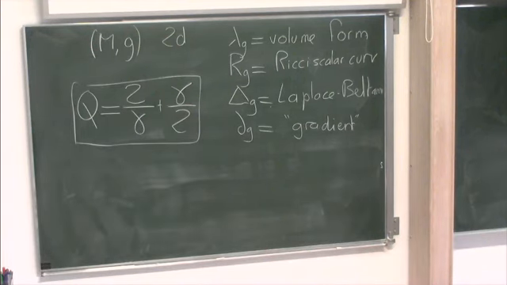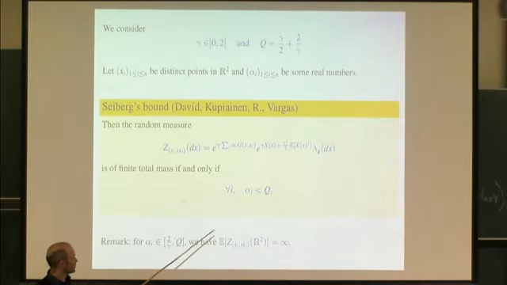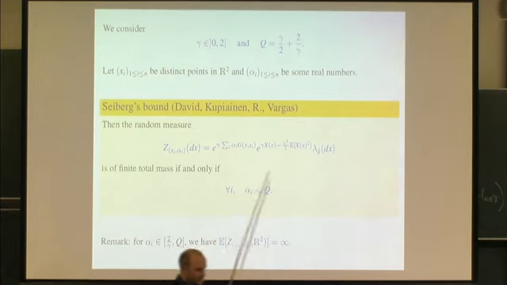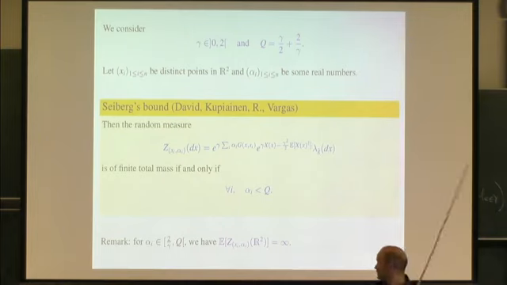If you ask the same question without the chaos measure, but just the Lebesgue measure, here you would have the condition alpha_i less than 2 over gamma. So this shows that these chaos measures are locally much more regular than the Lebesgue measure. My claim is that this quantity is finite, and it's called the Seiberg bound.